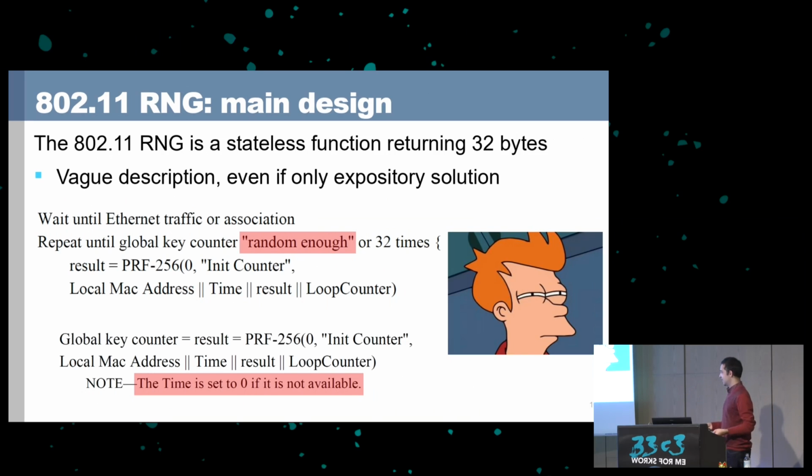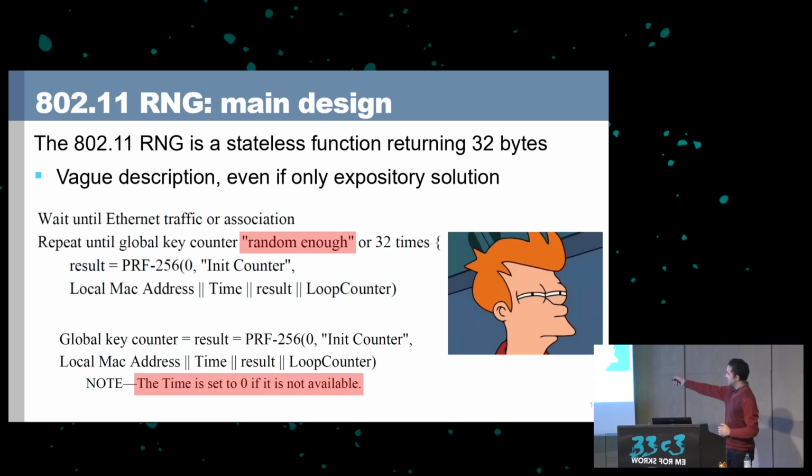But they simply say, if it's not available, just skip it. Like I mentioned, the standard is a bit hard to interpret because they say it's an example solution, but in other parts they say it's supposed to be good. But even if they only meant it as an example for the vendors, this description is still just too vague.